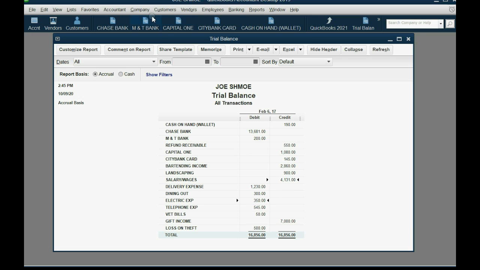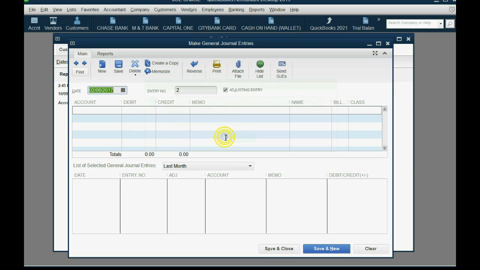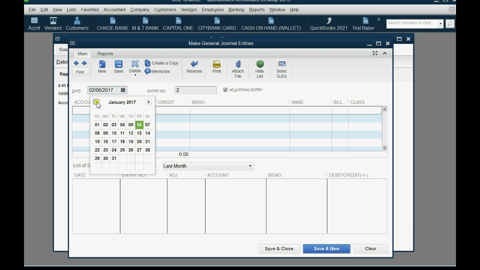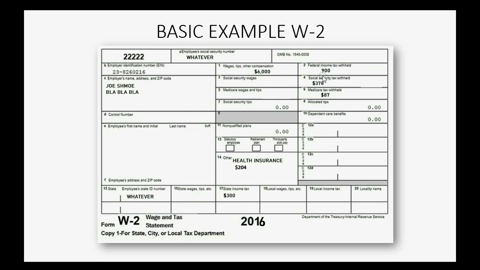From the main menu, we click Company, Make Journal Entry. Now, the date of the journal entry should be December 31 of 2016 because we are correcting our profit and loss for 2016. And it's very simple. You read it from the W-2.